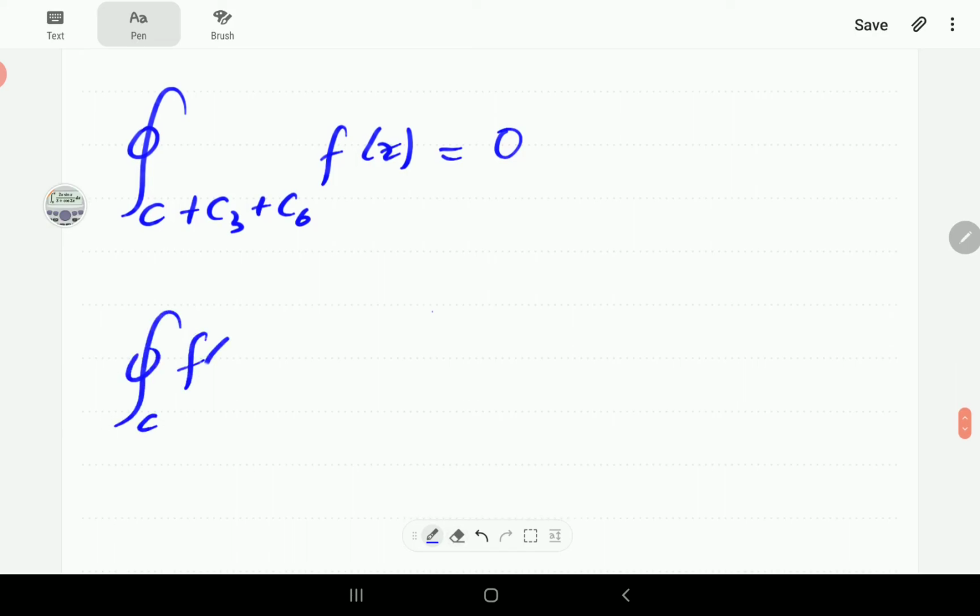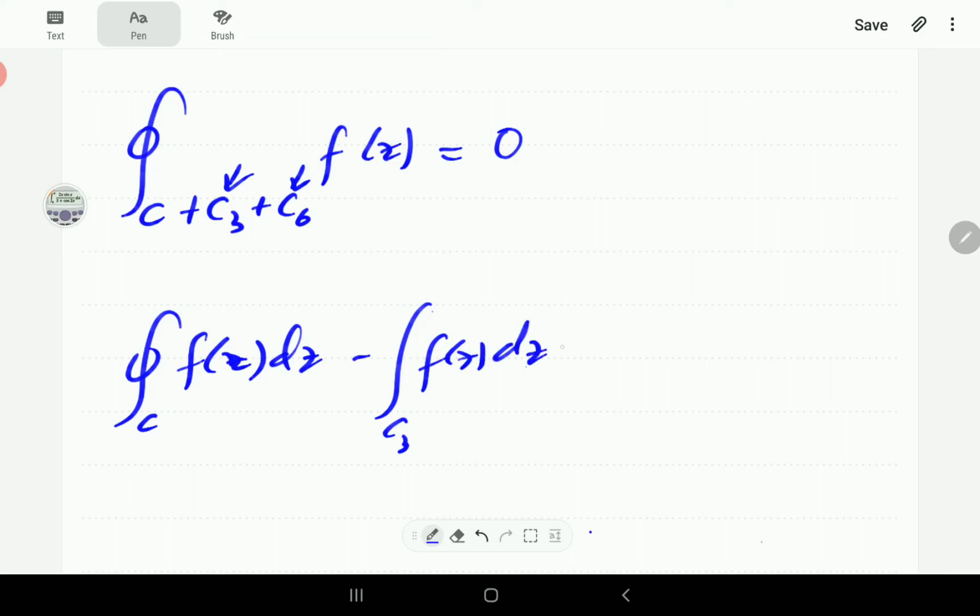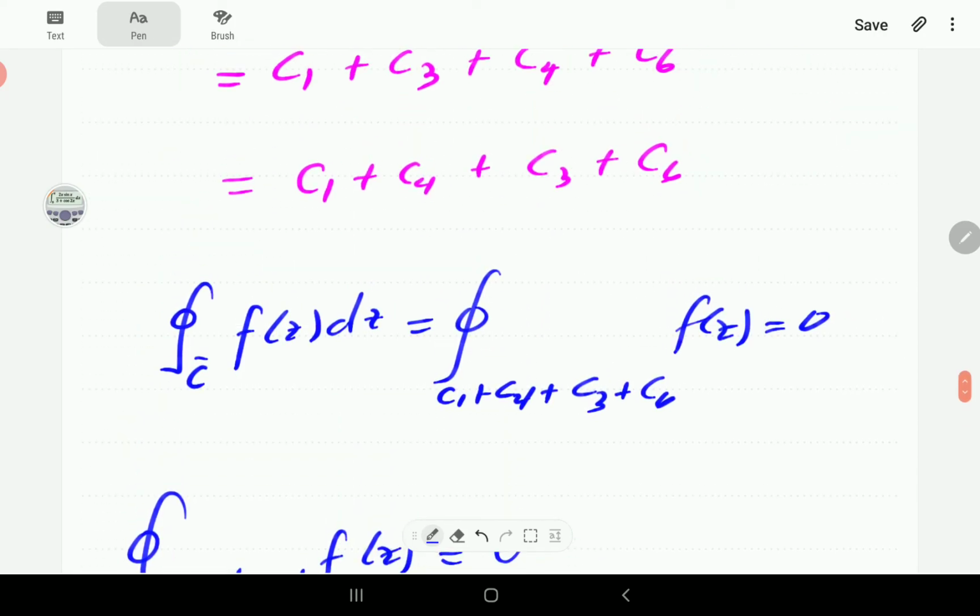Again, we can write this as integral of f of z, and then remember, because these two are negatively oriented, so that's going to be f of z around C3, but negative f of z around C6, negative, and this is equal to 0.